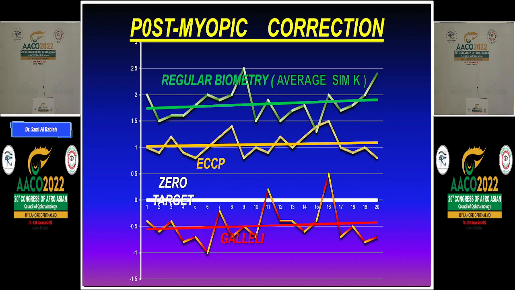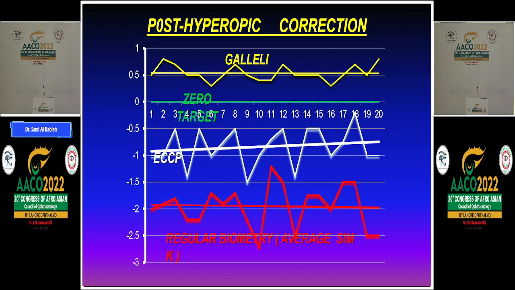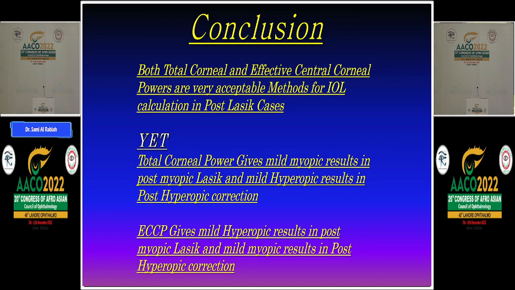And the ECCB gives us better results in minus than the Galilei, and this is the 0, this is the ECCB, and this is the regular one. So the ECCB is more to the minus than the Galilei. So I advise you, if it's myopic, to go for Galilei, or particularly the Scheimpflug, if it is hyperopia, to go for the ECCB.